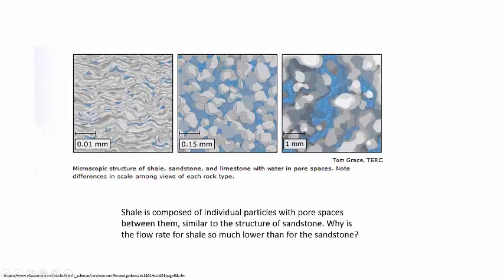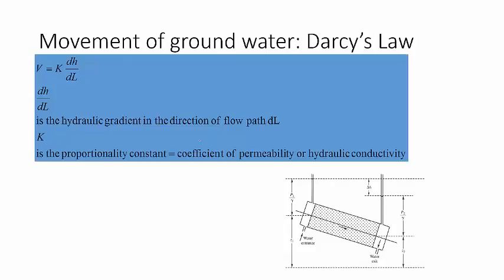So you can see how this partly explains why the flow rate for shale is less than, for example, sandstone. You'll have the slides, and I encourage you to look at these simulations, and you'll see those three formations and their porosity and permeability.